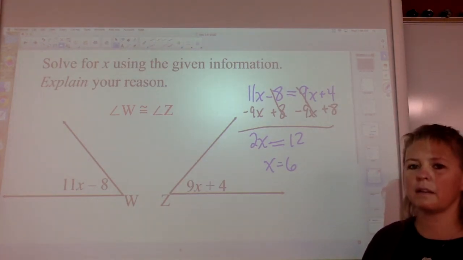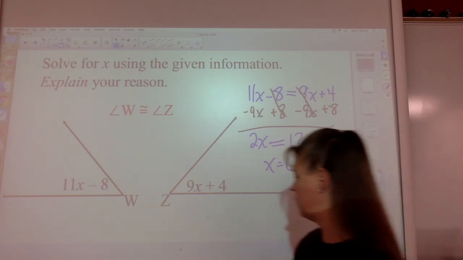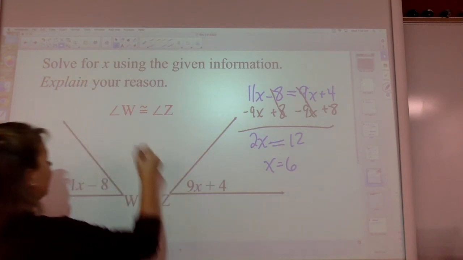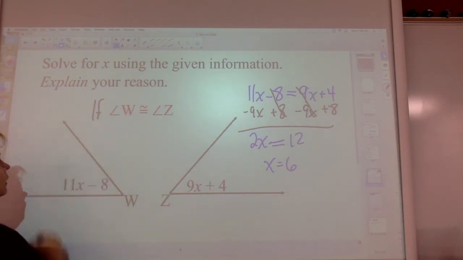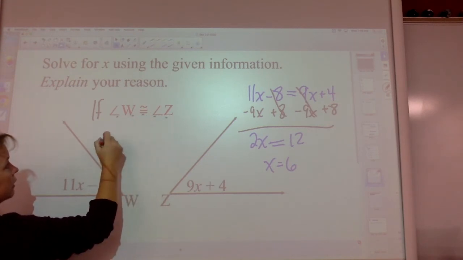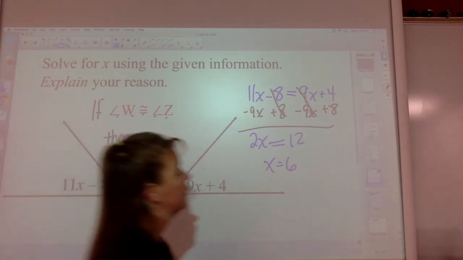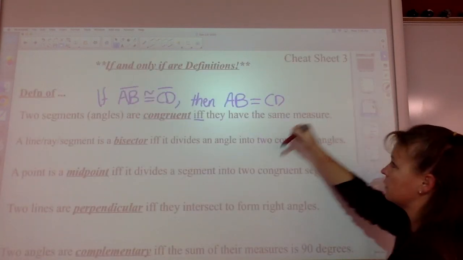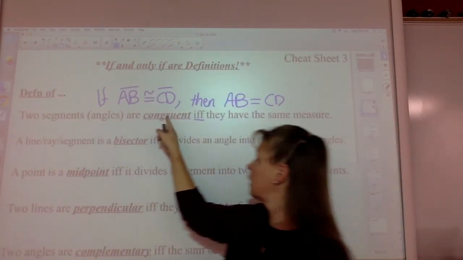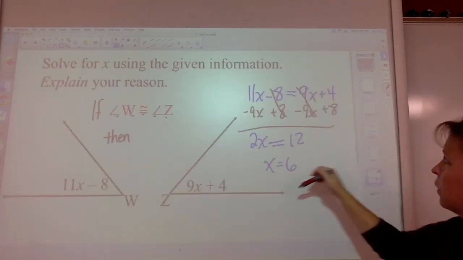Now this is where it gets a little tricky. You have to use either a definition or a property from cheat sheets 2 and 3. If we turn our given statement into an if-then: if two angles are congruent, then they have the same measure. What did we do?